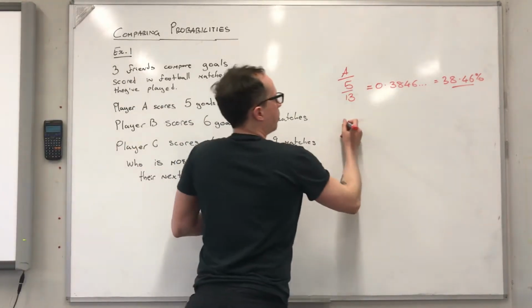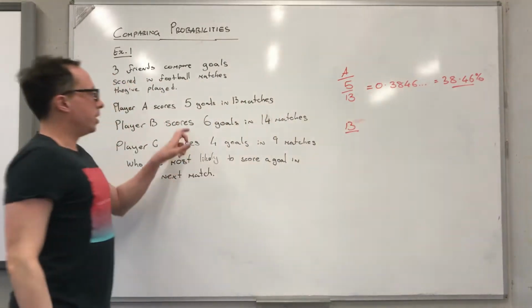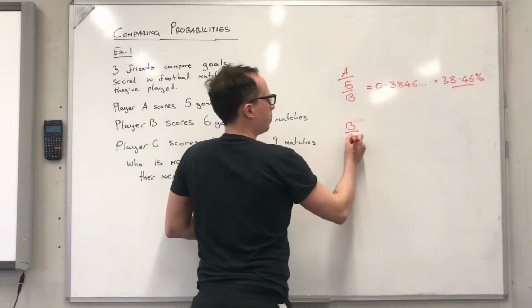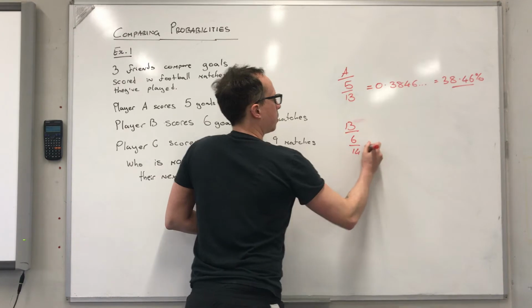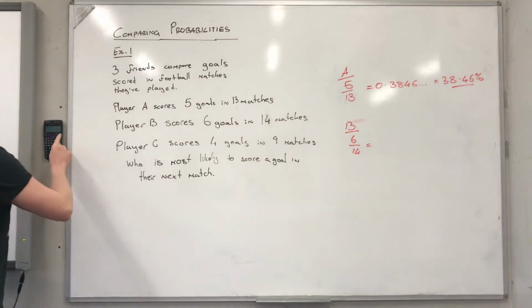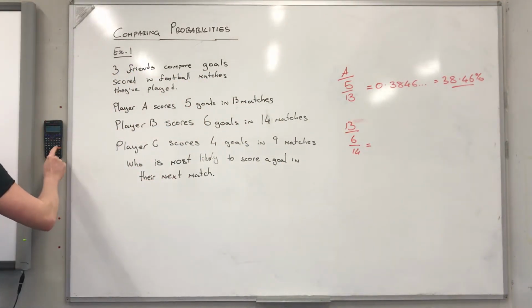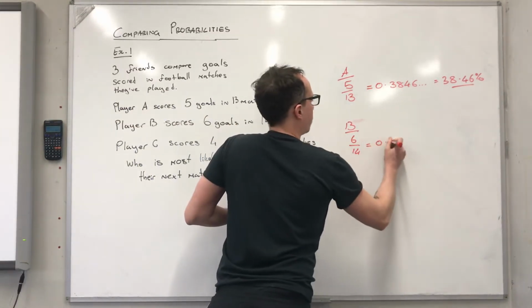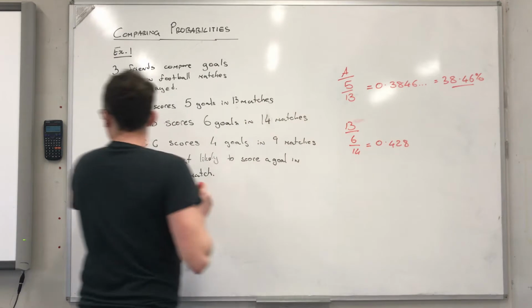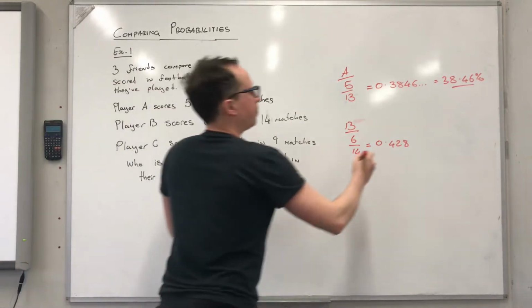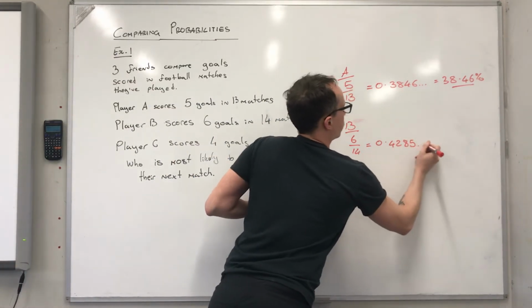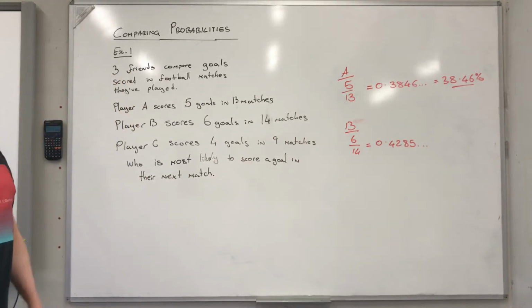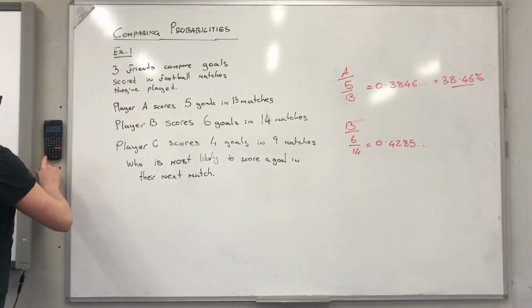So if we did player B, he had 6 out of 14. So again, we can find the decimal by doing 6 divided by 14, which gives us 0.4285, which then we can convert into a percentage.